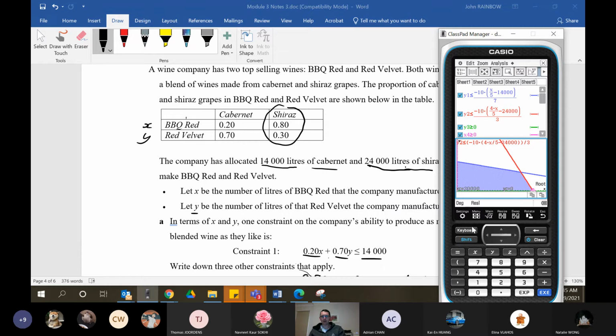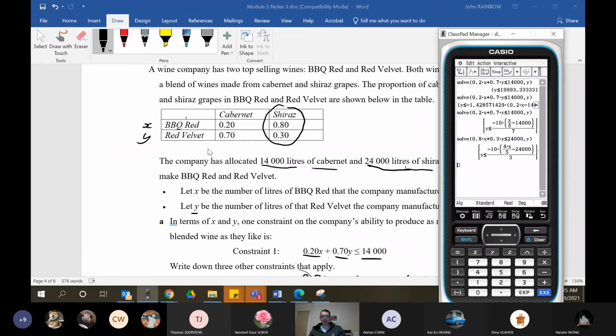So 14,000 divided by 0.7, because it's 700 ml a bottle, I can make 20,000 bottles. And for the Shiraz, you've got 24,000 litres. Divide that by 0.3, and you could make 80,000, but you're limited by your Cabernet. Your Cabernet lets you only make 20,000.